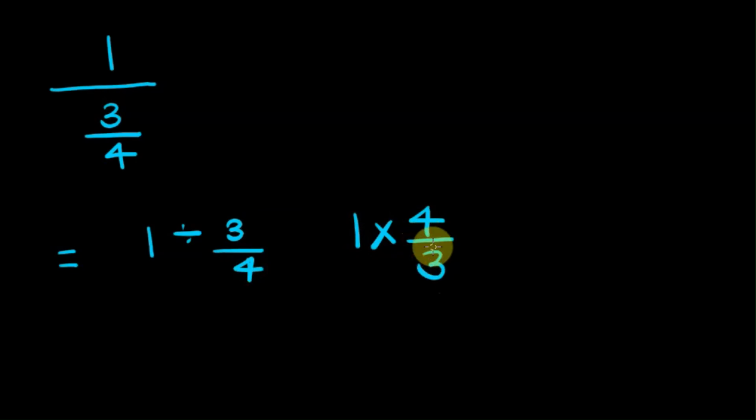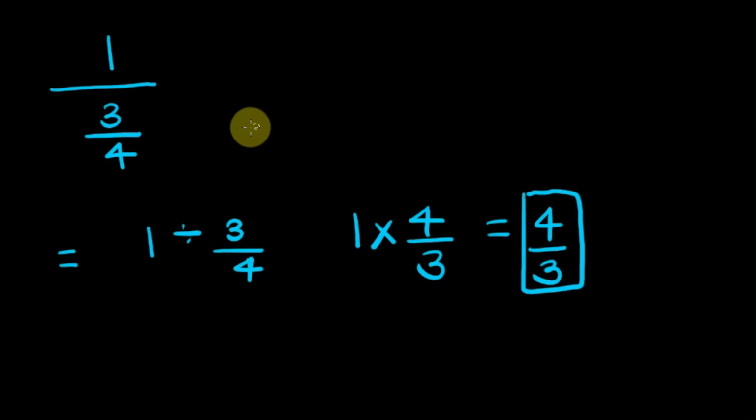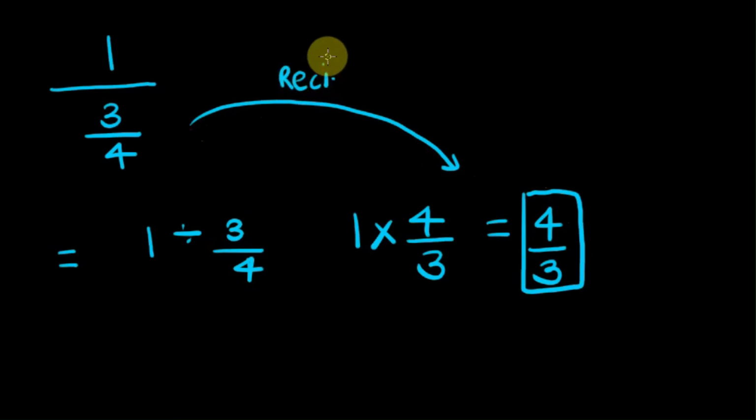When we multiply something by 1, it's the number itself. So this is 4 upon 3 in this case. What you observe is that this is the reciprocal of 3 upon 4. So basically when you divide 1 by a fraction, you get the reciprocal.